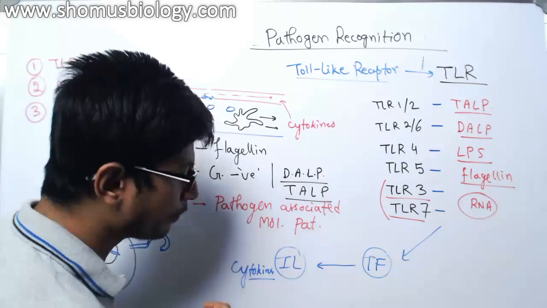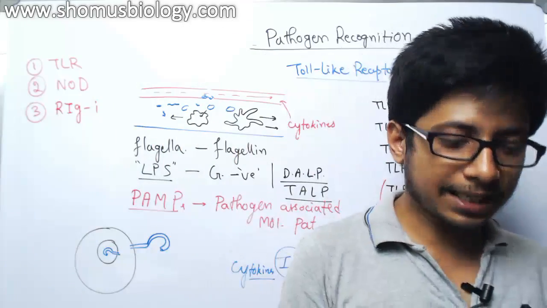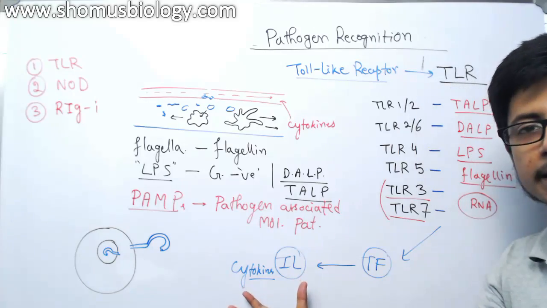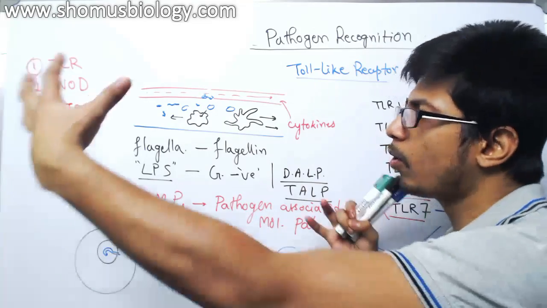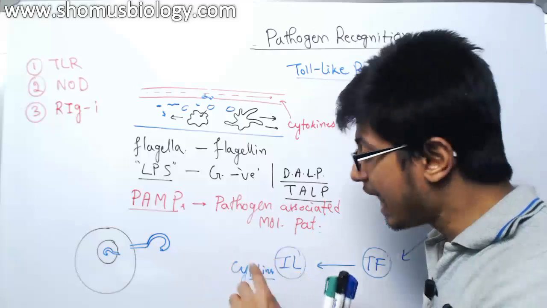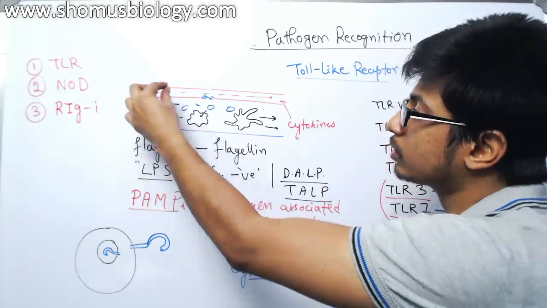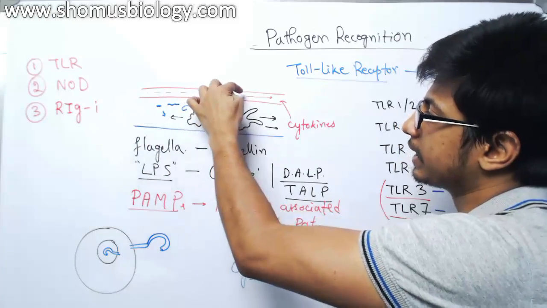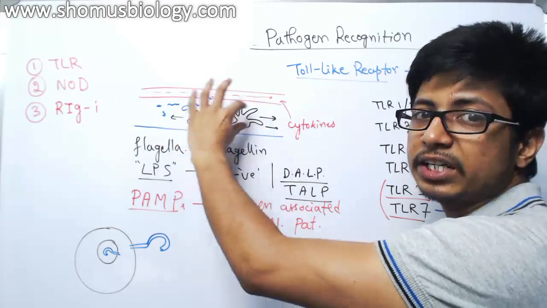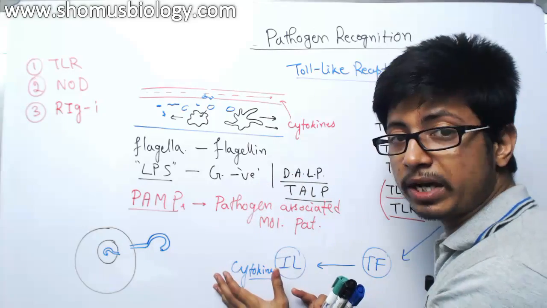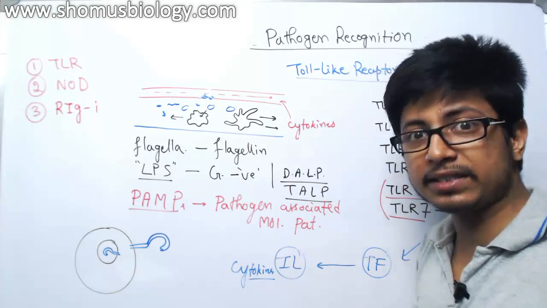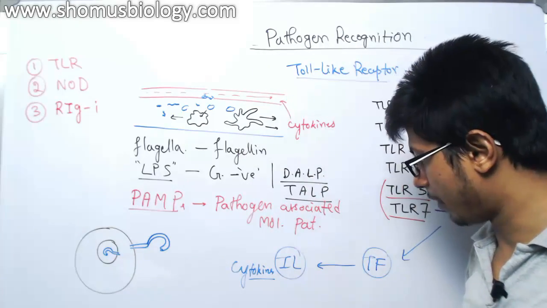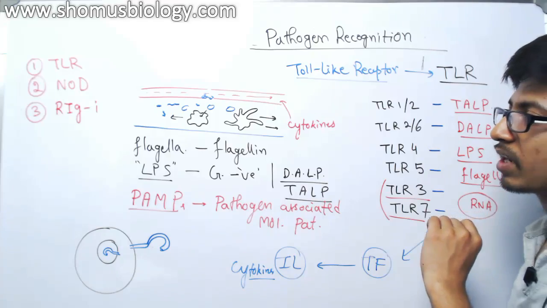And remember, what is the importance of cytokines again? It's just like a molecular phone. As they produce cytokines, it can call upon many more cells of our immune system, and the cytokines help leukocytes, or white blood cells, to roll along the vessel and come out of the vessel to the infected tissue. So cytokine generation is very important for taking this reaction to the next level and to a bigger scale. That is the job of TLR.